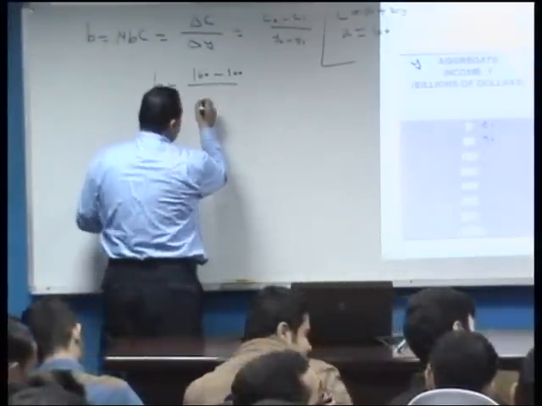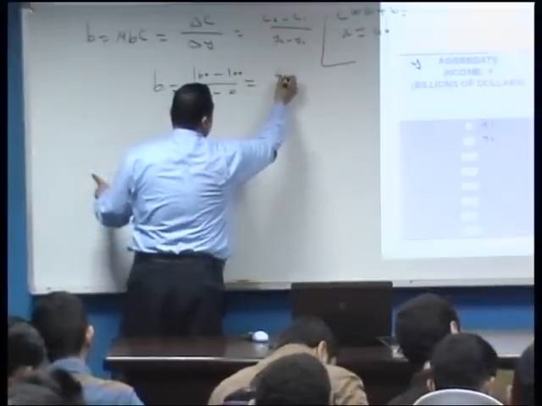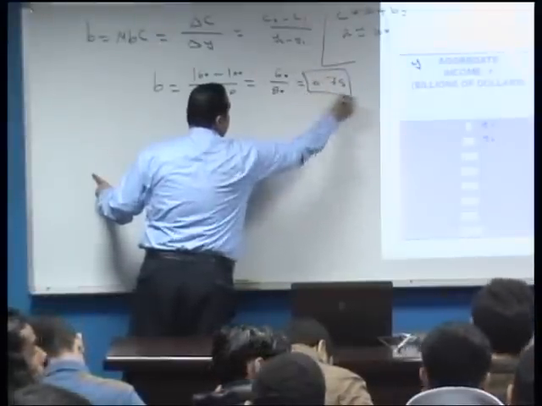Y2 equals how much? 80 minus 0 equals 60 over 80. How much? 0.75. Right?